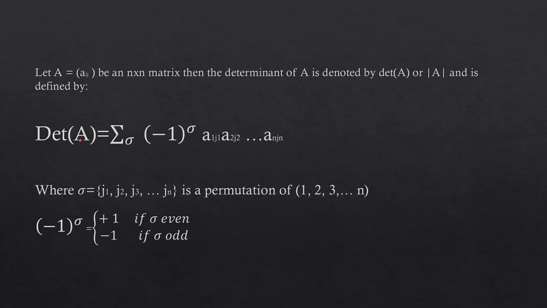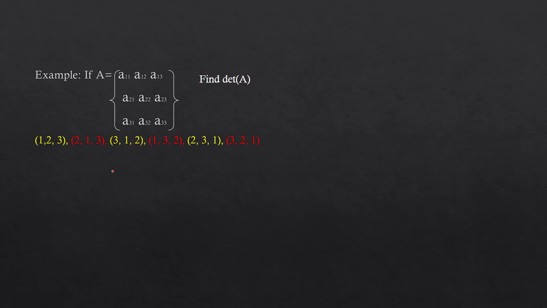So now on to the definition of determinant. We have det A is equal to the summation over all permutations of minus 1 raised to the permutation, times A1 j1, A2 j2, up to An jn, and our minus 1 factor is positive if the permutation is even and negative if the permutation is odd.